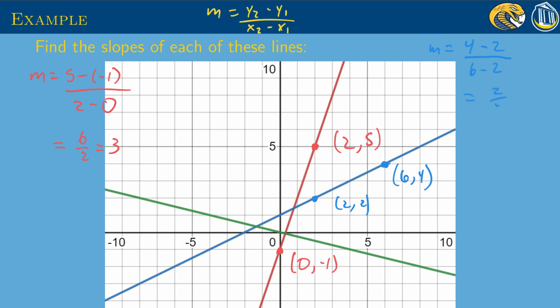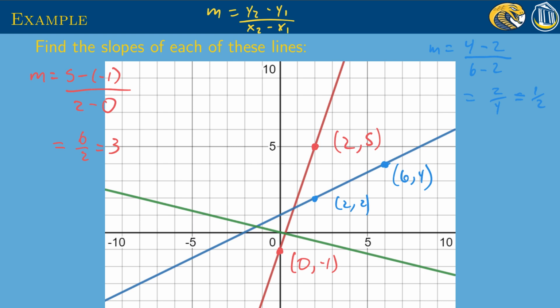That's 2 over 4, or the same thing as 1/2. That means for every step I take in the x direction, we go up half a unit. We take another step, we go up another half a unit. Or if I take 2 steps, we'll go up 1 whole unit.